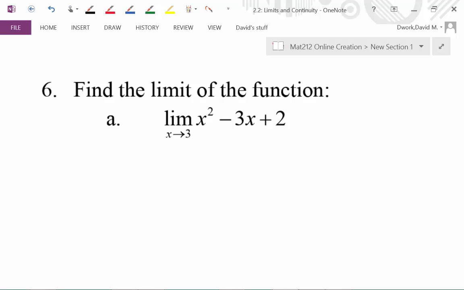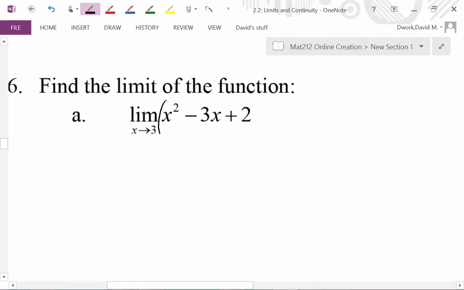Now, I think we can all agree the function x squared minus 3x plus 2, we all know it's a quadratic of some kind. We may not know exactly where it's graphed, but maybe it looks something like this. And we all know it's opening up because it has a positive leading coefficient.